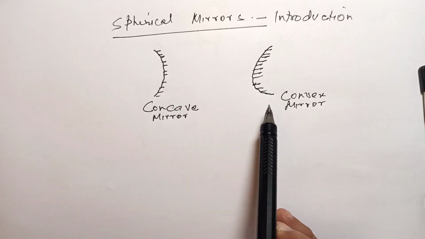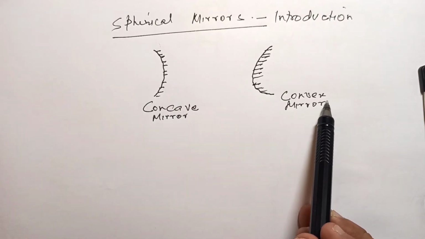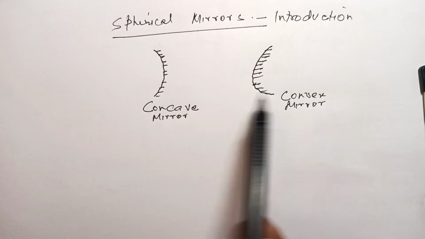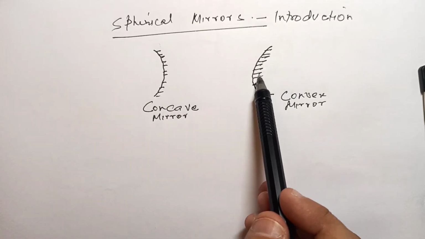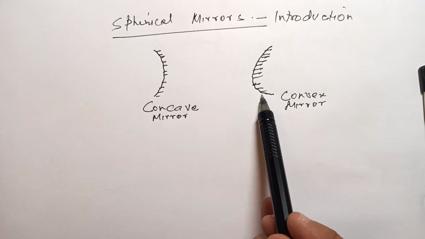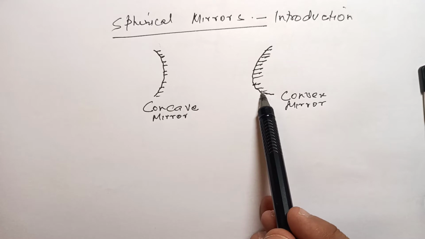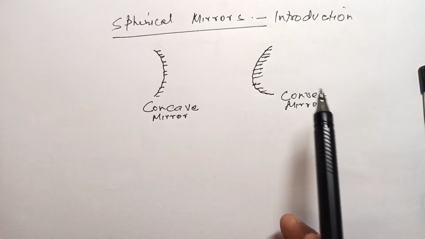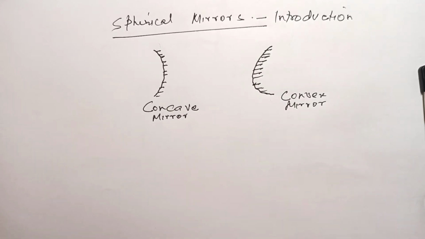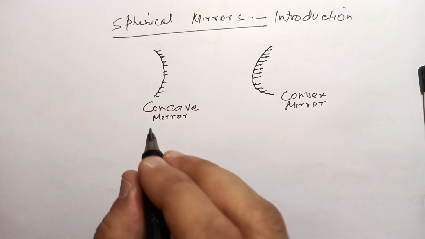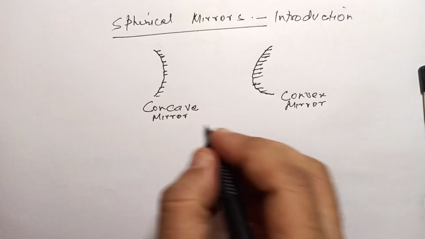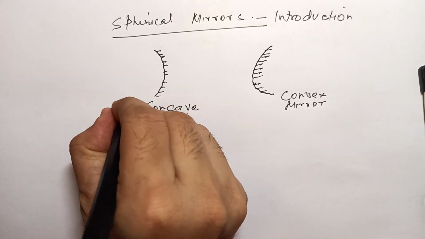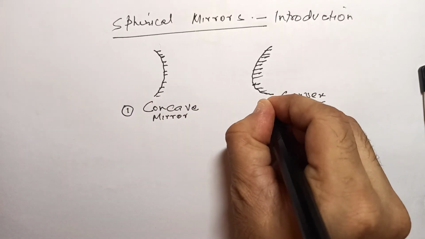On the other side, convex mirror is not caving in, it's coming out, but it is painted from the inside portion. So this is convex mirror. This is number one. Let me write it here. So this is 1, this is 2.